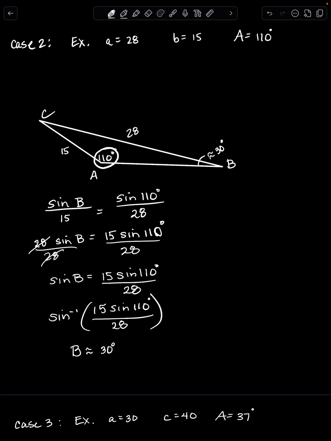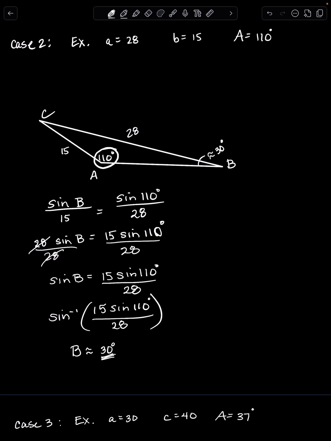Okay, which means when I find this angle B, since we're talking about the sine function, remember, for the sine function, our exact values were positive in quadrant 1, but they're also positive in quadrant 2. So sine is positive in quadrants 1 and 2, which means really my angle could be in quadrant 1, or maybe it could be in quadrant 2.